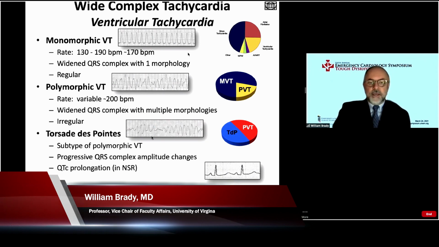And of course, torsade, and for the French-speaking personnel on the talk today, I apologize for my lack of pronunciation, but torsade itself is a subtype of polymorphic VTAC diagnosed with the characteristic twisting about the points QRS morphology, and in a patient when they're in sinus rhythm, either pre or post arrest, having a QTc interval greater than 450 milliseconds.